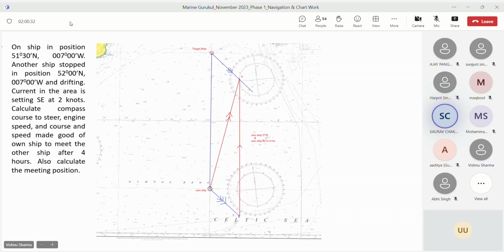If you make a 1 hour triangle, then you will not have the own ship's engine speed, no beta? So you'll not be able to cut that arc there, right?